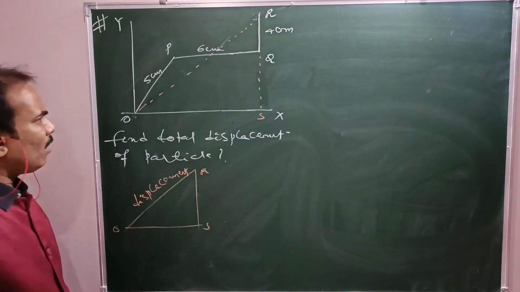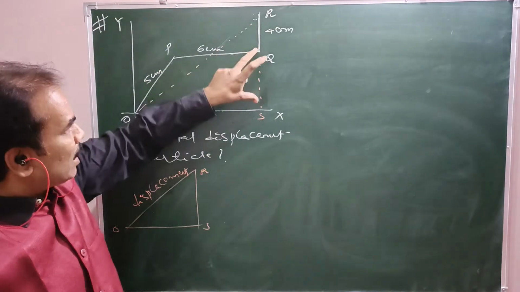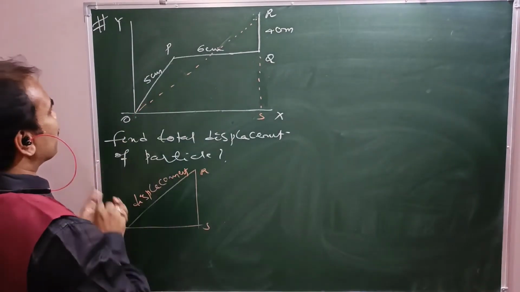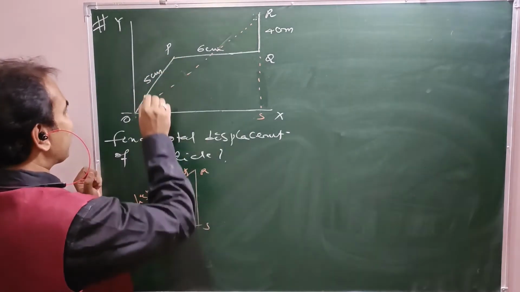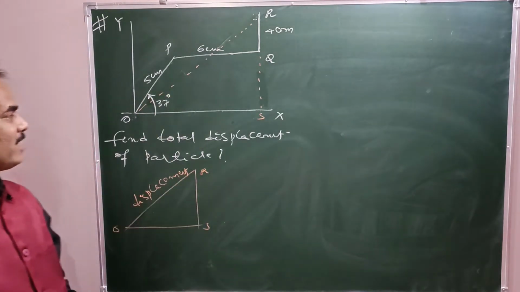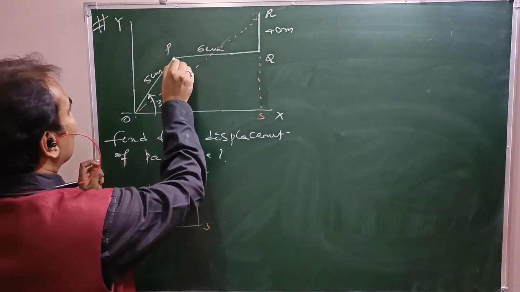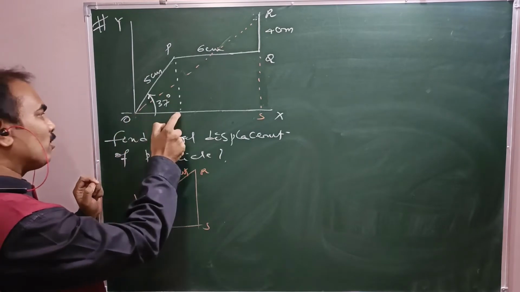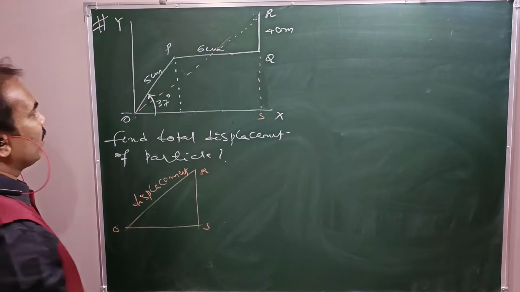Now say this segment is of 4 centimeters. We need to find the other segment here. Of course, one angle is also given. The angle made by this 5 centimeters with the x-axis is 37 degrees, as an example. If I close this side, now we can estimate the adjacent side and the opposite side also.